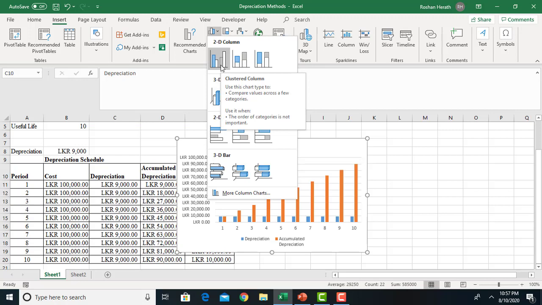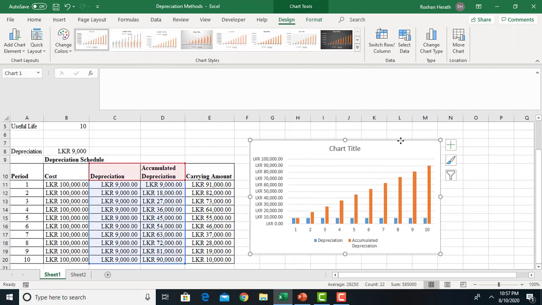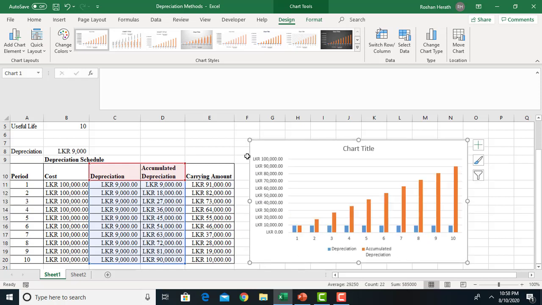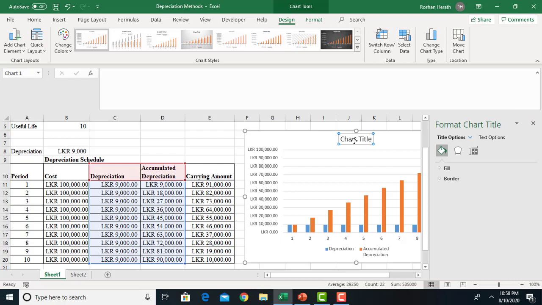So this particular kind of chart, I think you can increase the size of this, and here you can see the title can be changed.